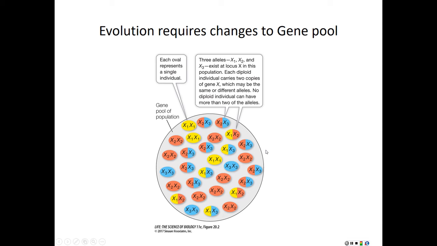And these alleles exist at a locus, so that is, remember, the location on a chromosome where a gene is found. So we're looking at diploid individuals, so since they have two of each chromosome, they have two alleles. This one is homozygous for the X1 gene, this one's heterozygous, etc.